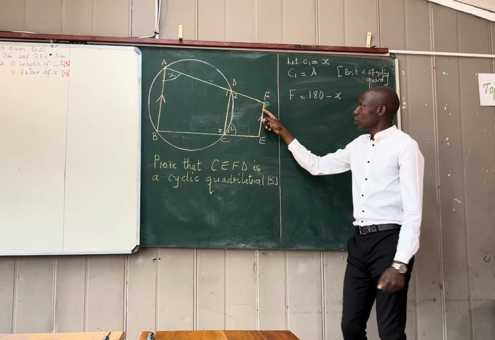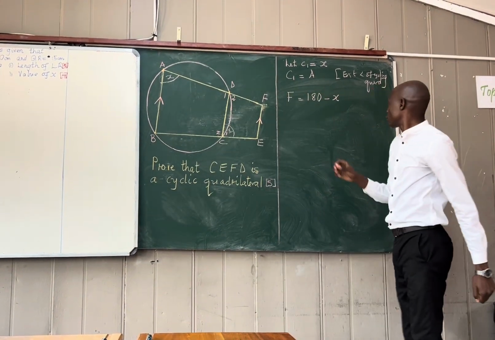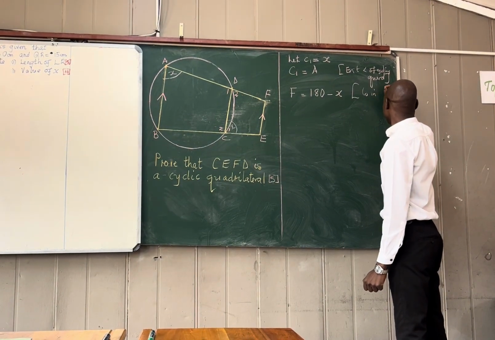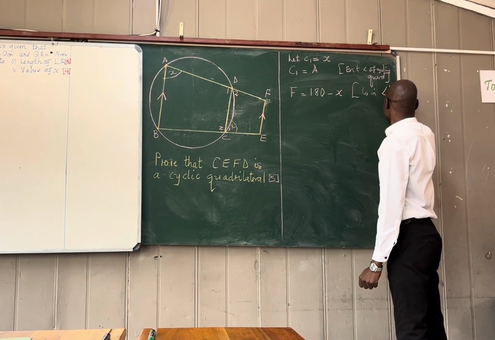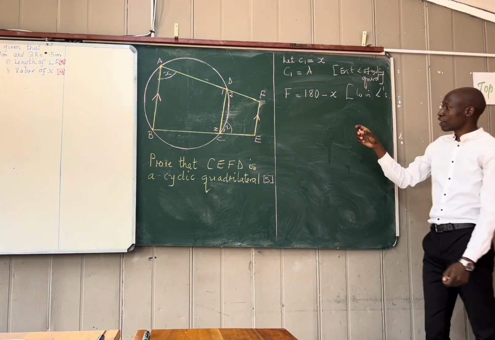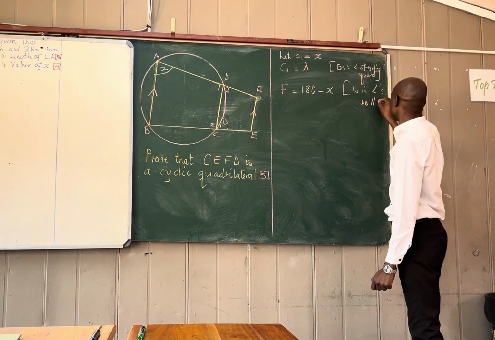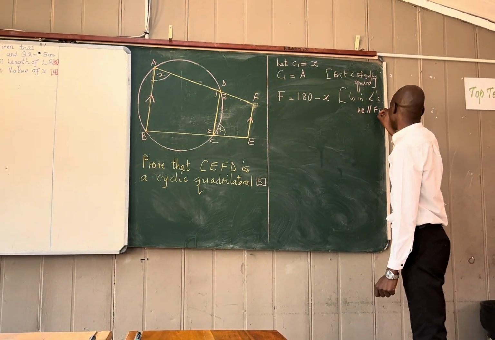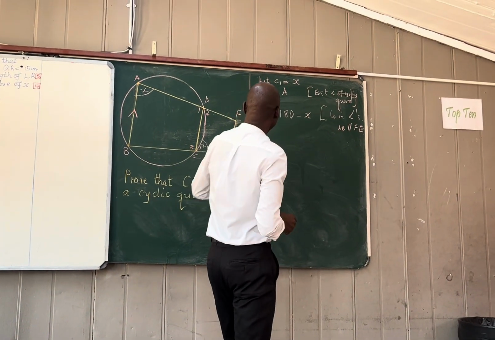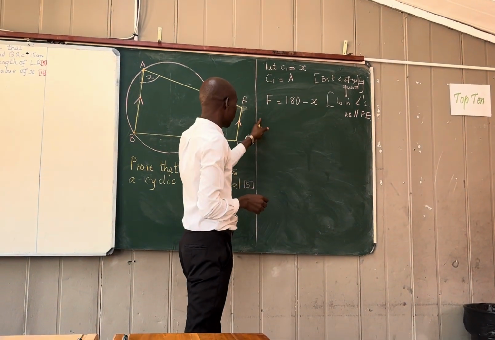F is equal to 180 minus this X at A. So you write there co-interior angles. It's also necessary to mention the parallel lines. We have AB parallel to FE.